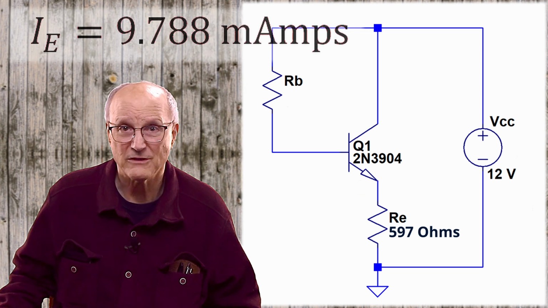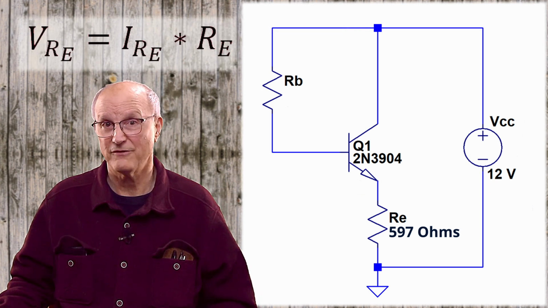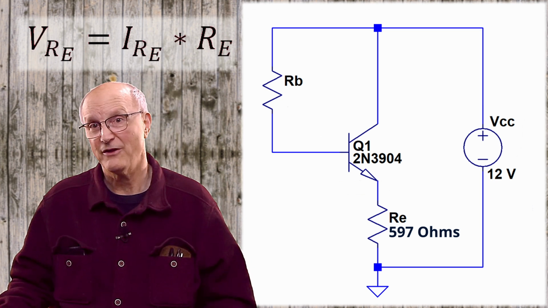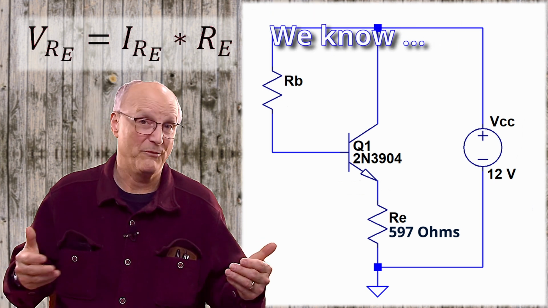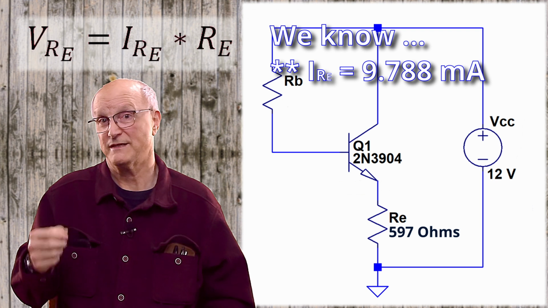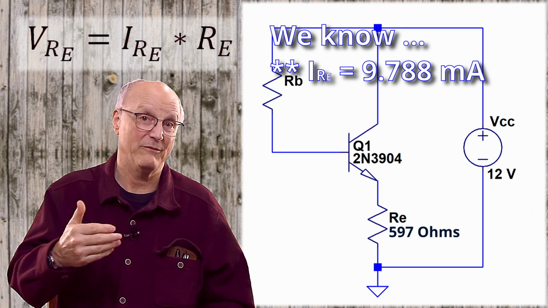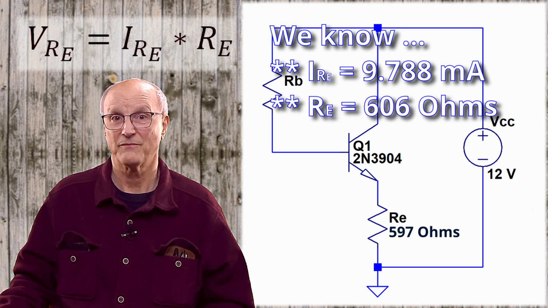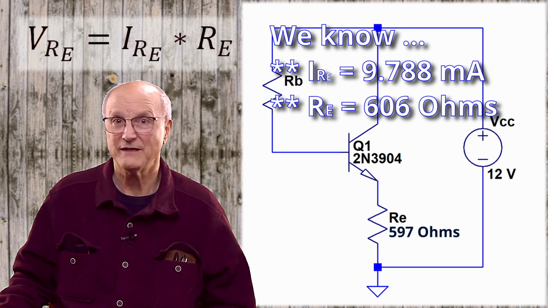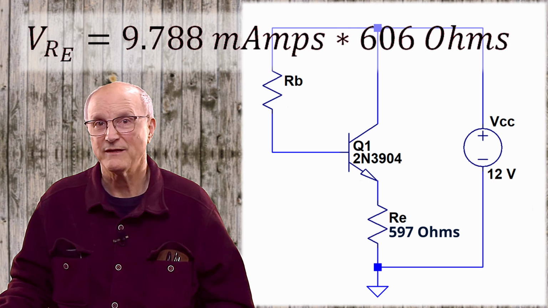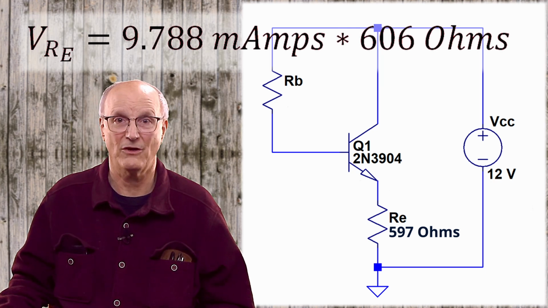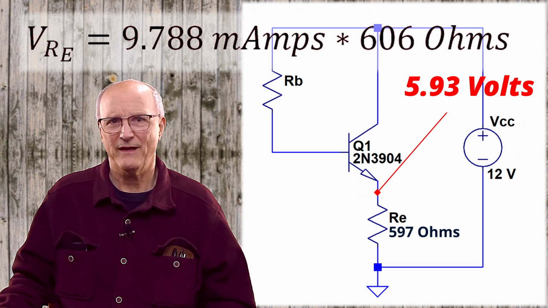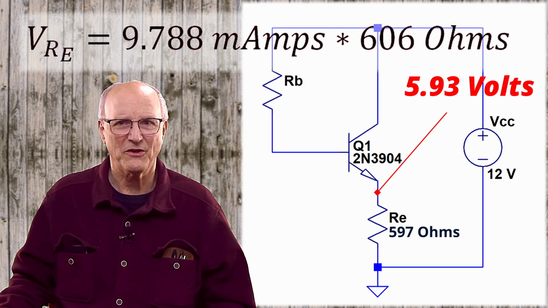We know that according to Ohm's law, the voltage across the emitter resistor, V sub RE, is equal to the current through the emitter resistor times the value of the emitter resistor. And we have an emitter resistor current equal to 9.788 milliamps, and we know that the emitter resistor value, R sub E, is equal to 606 ohms. So we have the voltage across the emitter resistor equal to 9.788 milliamps times 606 ohms, or 5.93 volts.